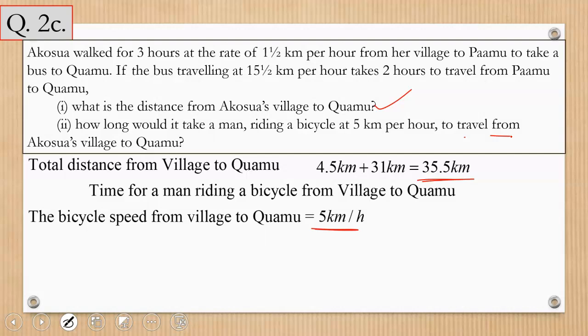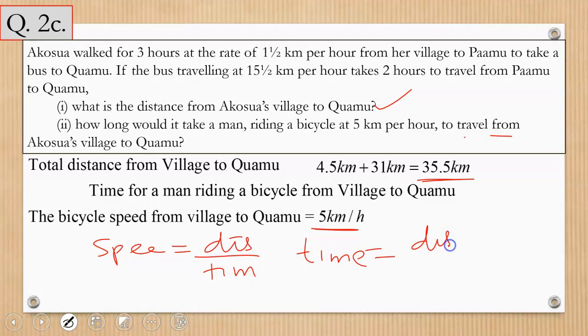If I use the same formula, speed is equal to distance over time. Making time the subject, time will be equal to distance over speed. The total distance covered gave us 35.5, and the speed according to the question is 5.